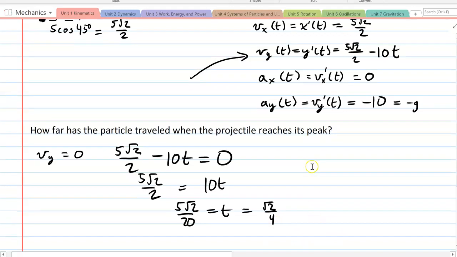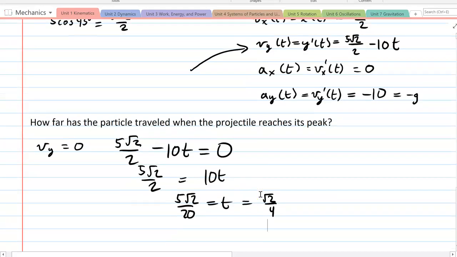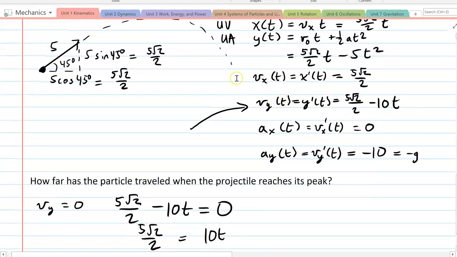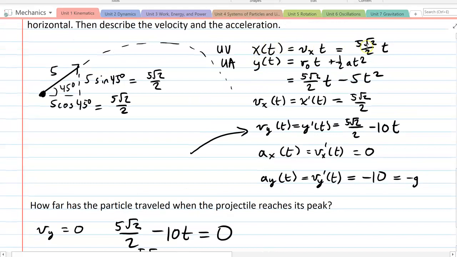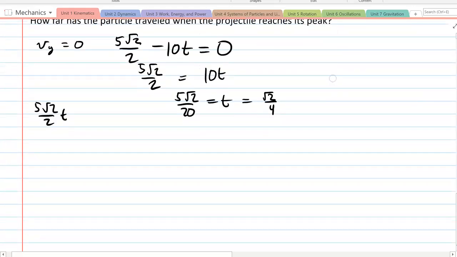And then now you just basically remember that time is the thing that links the horizontal parts and the vertical parts together. So we just basically plug this time into the position function, which we found to be 5 square root 2 over 2 t. This is our position function, and we just plug in the value that we know.